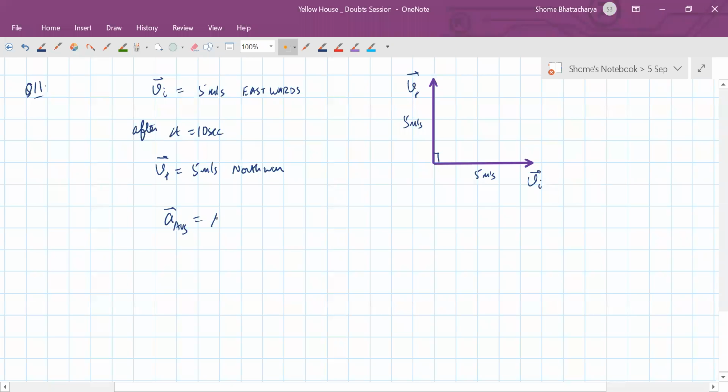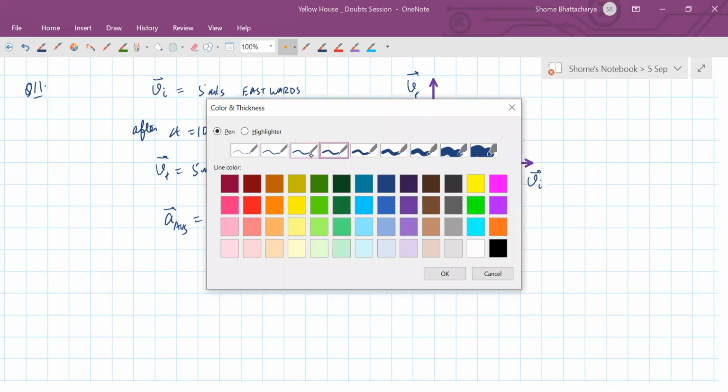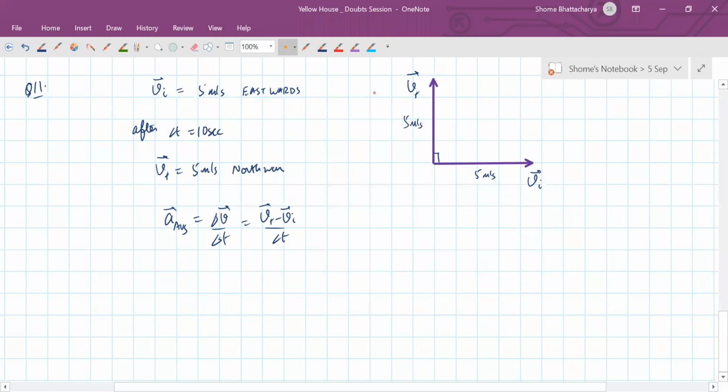Average acceleration is defined as change in velocity upon change in time. So that is final minus initial upon the time interval. Now in the diagram you can see that the final minus initial will be this one, going from initial to final.